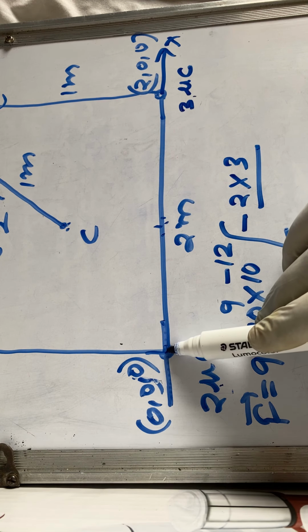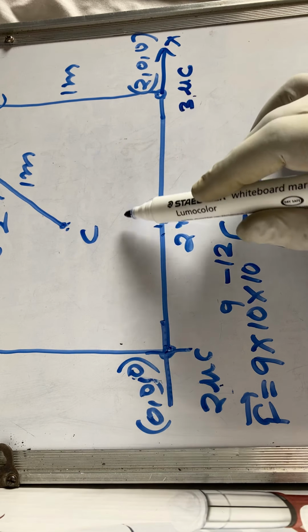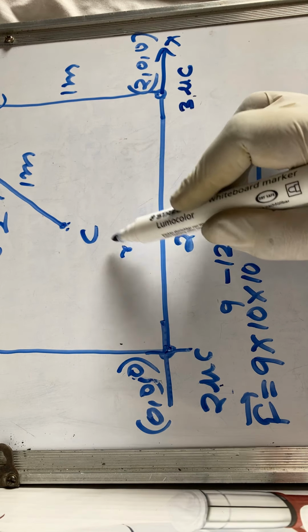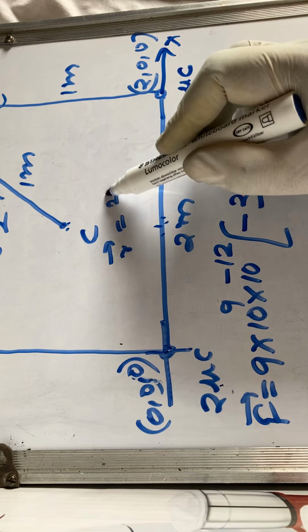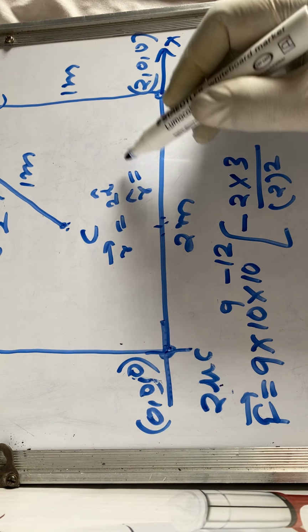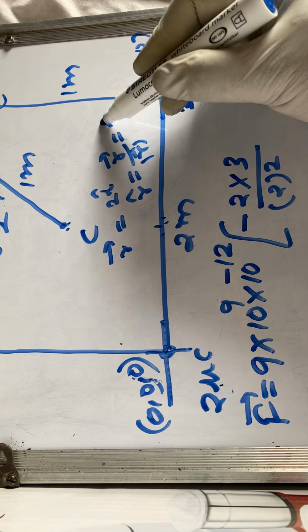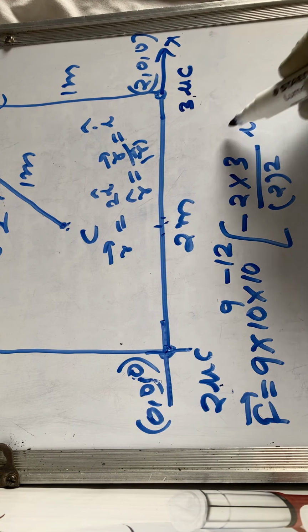The vector joining the line from the origin to the point 2 0 0 would be 2 I cap, so its mod will be only 2, so this is 2 square. What will be its unit vector? This will be the vector upon its magnitude, which would be only I cap.